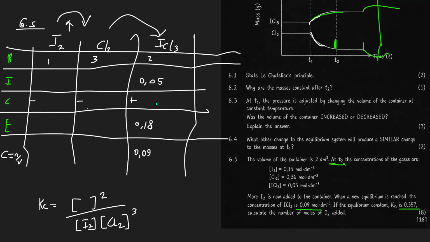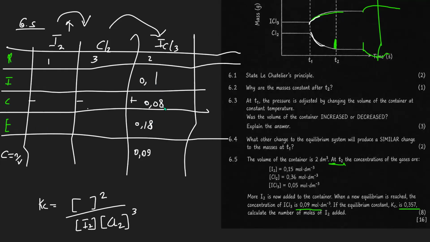So how much is this going to be? I have 0.18 as equilibrium. I'm going to subtract 0.18 minus, is that correct? No. I need this for concentration, initial concentration. So I need the number of moles here, initial moles. This is supposed to be 0.1 positive and then 0.18 down here. Then I'm going to get 0.08 here.